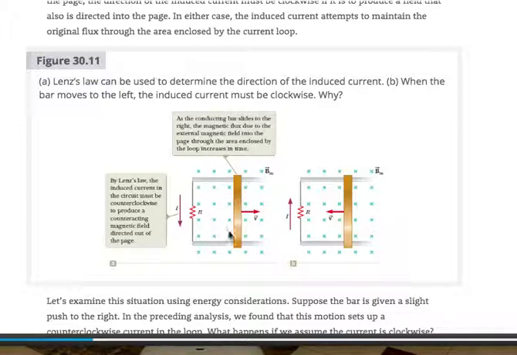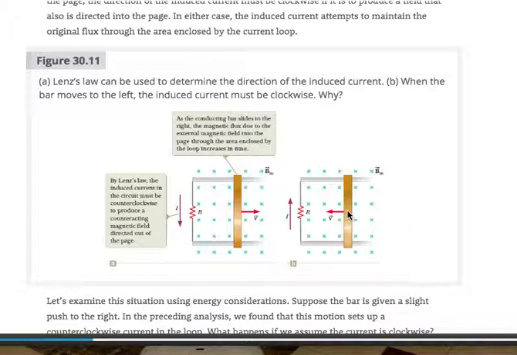If I put my right thumb pointing up this direction, I want my fingers to curl around the back of that bar and come out right about here. So my fingers would wrap around this way. And to do that, my thumb, remember, is the current. So the current would run this direction.